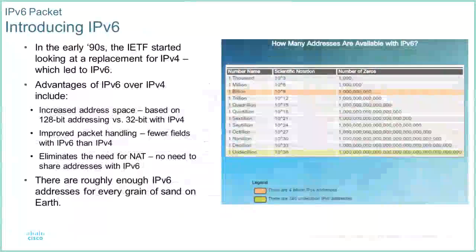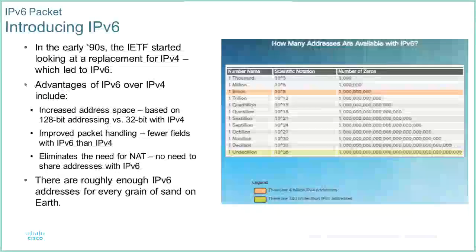So IPv6 started out in the early 90s. I've seen a few tweaks to the way this is presented over the years. But the basic crux of the story is we've gone from a 32-bit address scheme to 128-bit. So that's increased the number of available addresses substantially.